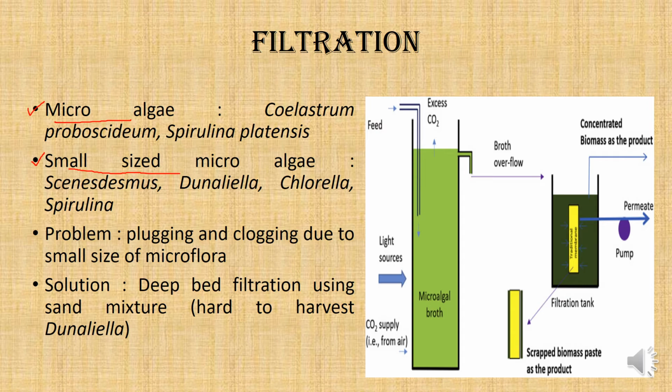But the only problem with the filtration technique is that in the pores of the filter, algae gets aggregated and can plug the holes. They can cause clogging, and once there is clogging, we need to replace the filter. That increases the cost of filtration.